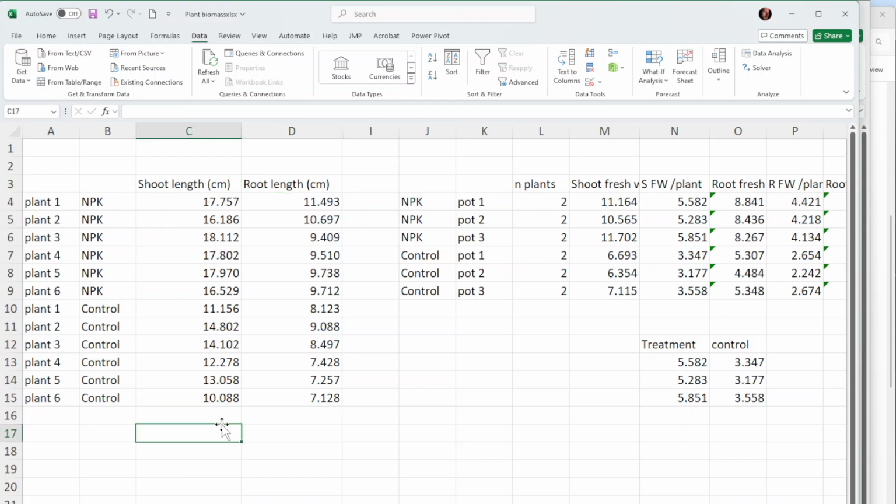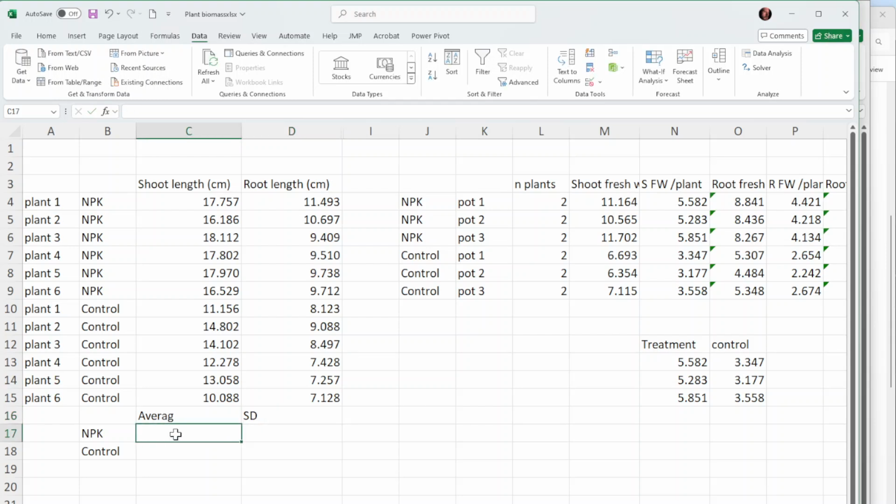So the next thing I want to show you guys, probably you already know this, but for the ones that do not know. Here you have average. Let's copy the label first, NPK and control, and let's say average and standard deviation.